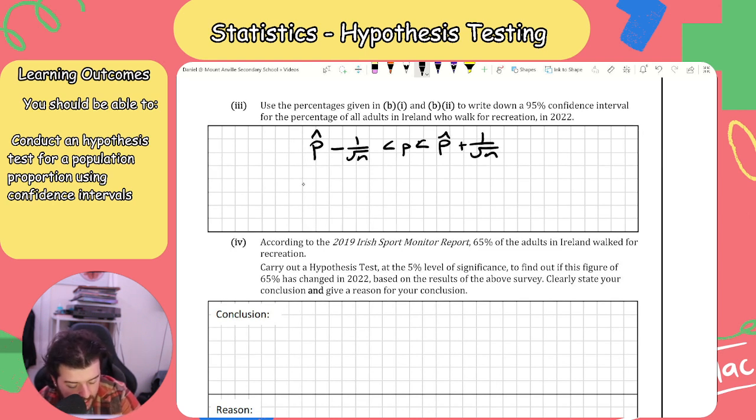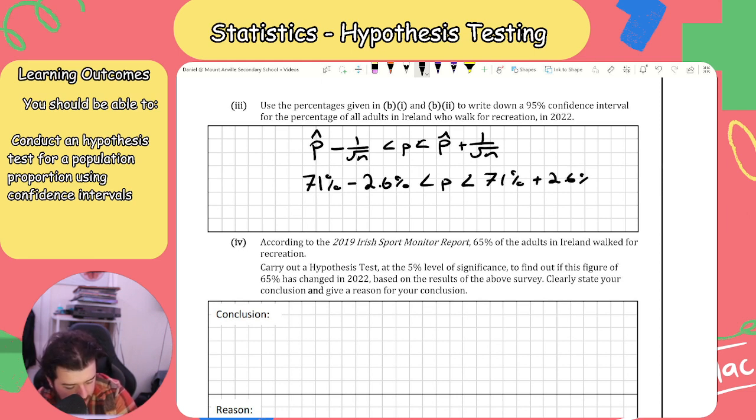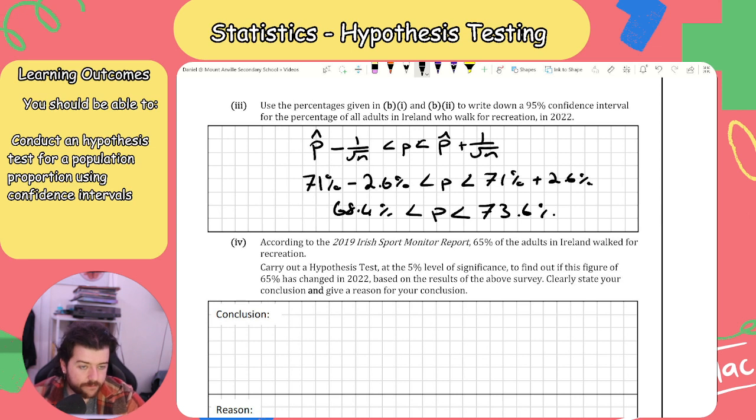So that is 71% minus 2.6%, 71% plus 2.6%. That's going to be 68.4% < p < 73.6%.